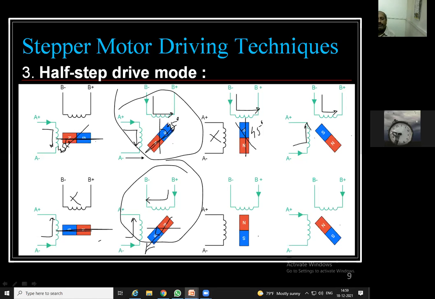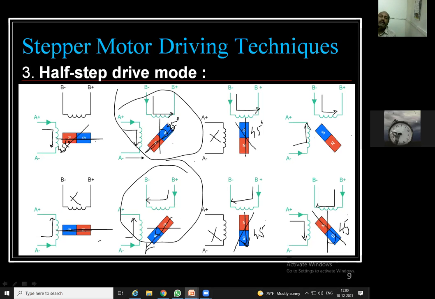So again it is 45 degree. Here B is nothing, and the current is flowing positive to negative, that is opposite to this one. So again it becomes this. So again here 45 degree. And the last one, both are energized, the current is positive to negative, positive to negative, and you will get again the step angle of 45 degree.